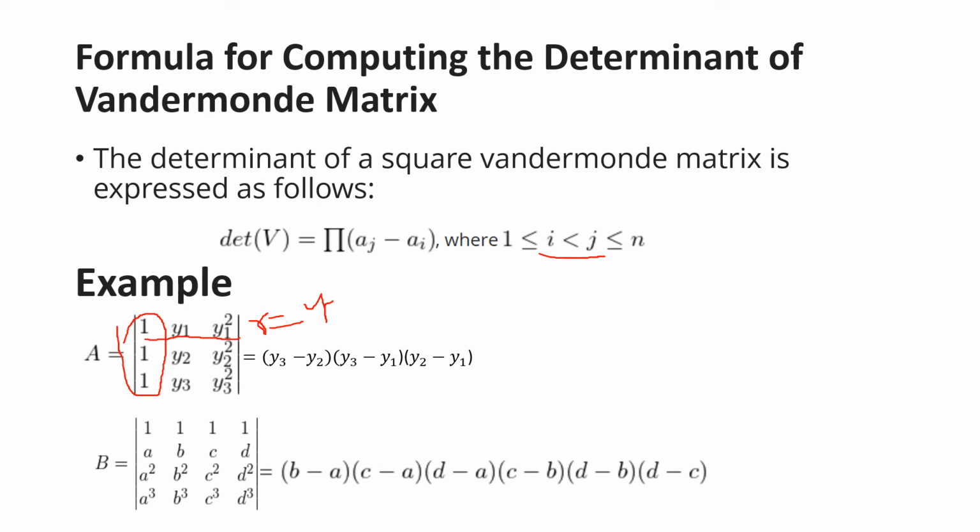So this is a kind of Vandermonde matrix and the value of the determinant will become the product of aj's minus ai's, that is, if we have 1, 2 and 3, you have to take y2 minus y1, then y3 minus y2 and one more with y3 minus y1. In the decreasing order only you are going to take the difference.